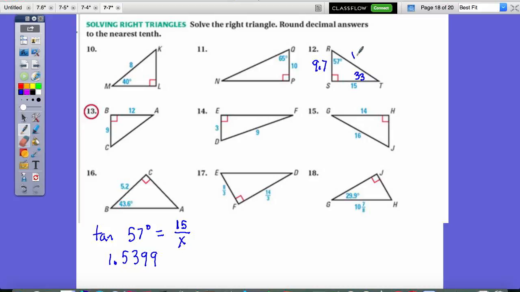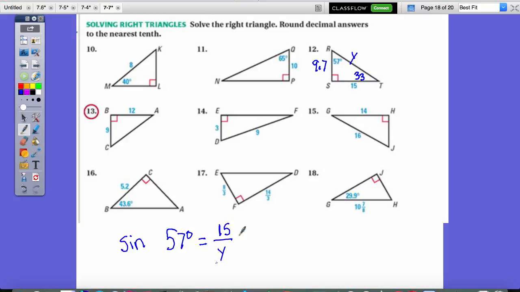Now for y, which is the hypotenuse, I'm going to be dealing with a 57-degree angle. The opposite was given to me, a 15, and I want to find the hypotenuse. Opposite divided by hypotenuse is sine. So once again, when I set these up, I write the angle that I'm dealing with, you fill the numbers in the ratio, and then I decide whether I'm using sine, cosine, or tangent.